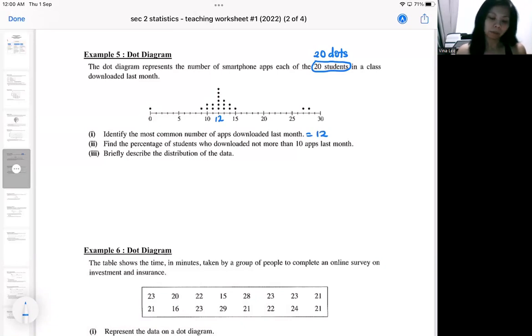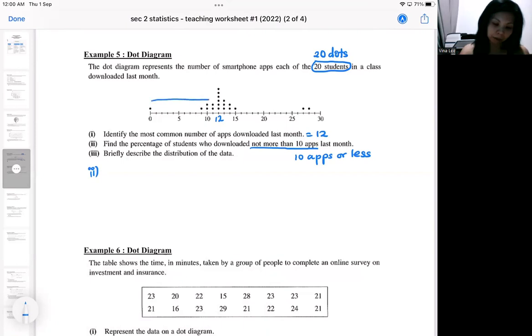Now for the next part, we are going to answer the percentage of students. It can come under percentage or fraction, but you have to interpret carefully. If you read the percentage of students who downloaded not more than 10 apps, it's a bit of English. That means 10 apps or less, so 10 is included as well.